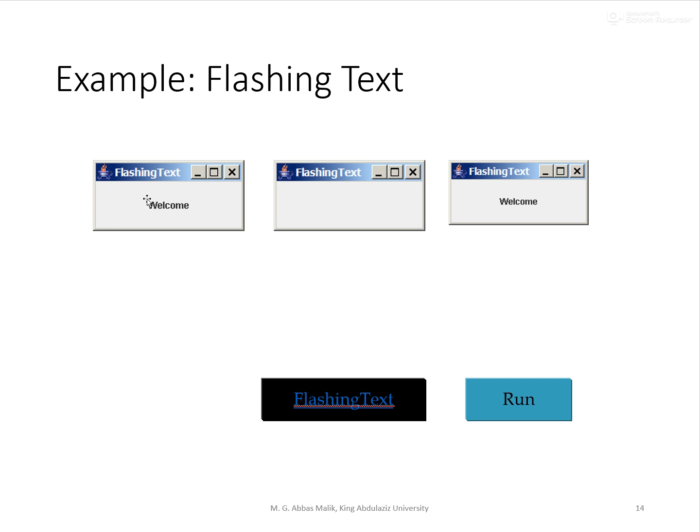You'll see this window showing the string welcome, and then it'll go to sleep, and after it times out, the text welcome is replaced by an empty string. Then we set the timer again, and after we come back we change the string to welcome again, and so on. So basically we have the text welcome flash on and off.